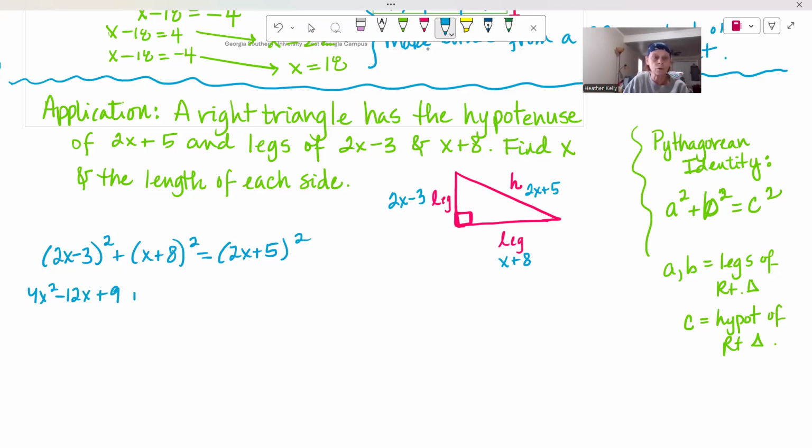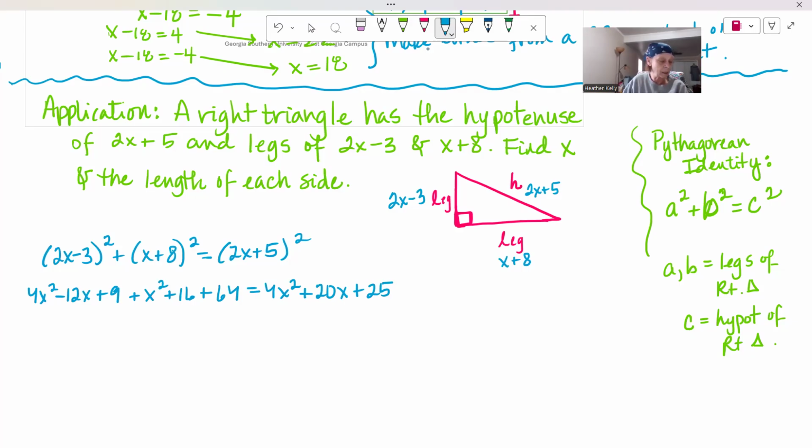That gets that first one, plus x squared. 2 times 8x is 16x plus 8 squared is 64, equals 2x squared is 4x squared. 2 times 5 is 10 times 2 is plus 20x plus 25.